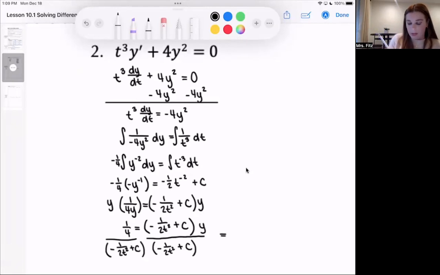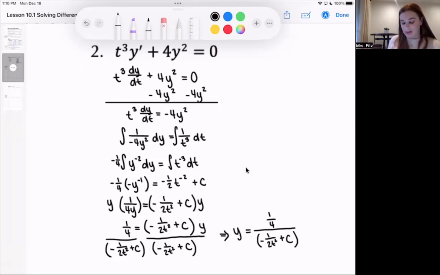And so we end up with y equals 1/4 over negative 1 over 2t squared plus c. You could simplify that a little bit further, but I'm going to go ahead and leave it as is.